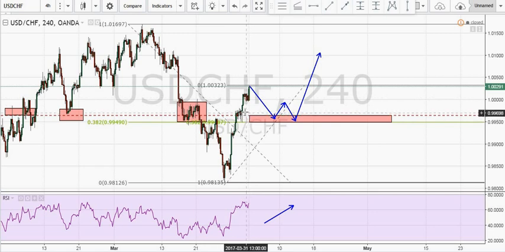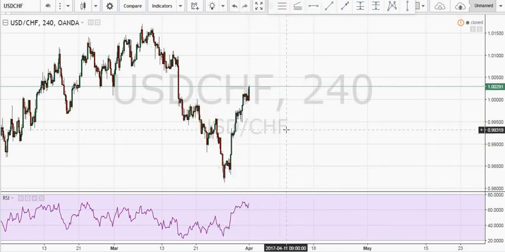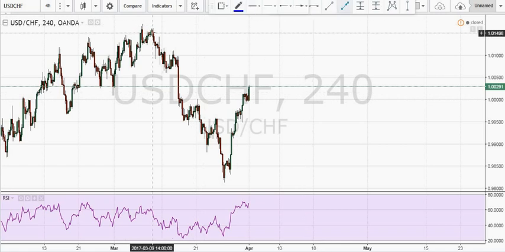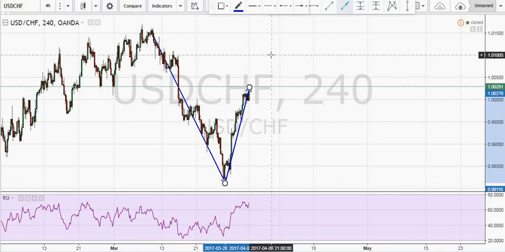However, there is also a potential short opportunity on this chart. This is what I call cornering the market, which means you look for two different positions, a long and a short. So that means wherever the market goes, you will always have an opportunity to participate in the market. Looking at this, we can see that price has also been bearish. This could potentially just be a larger retracement.